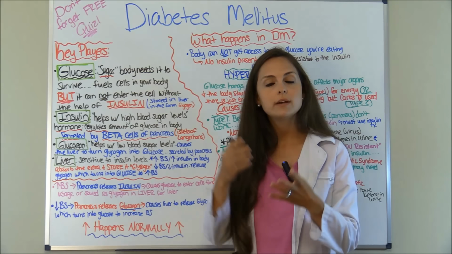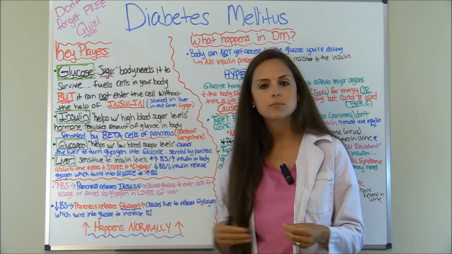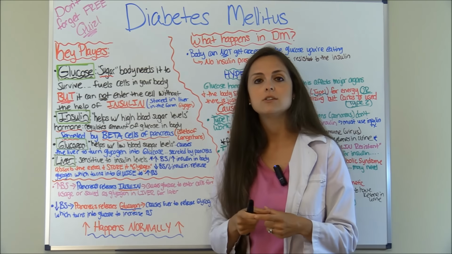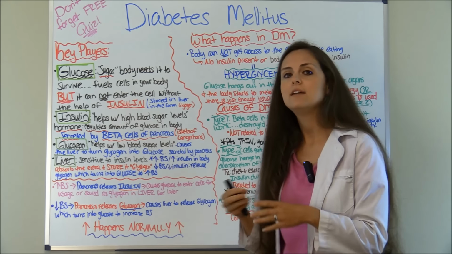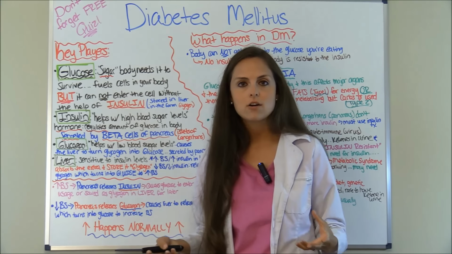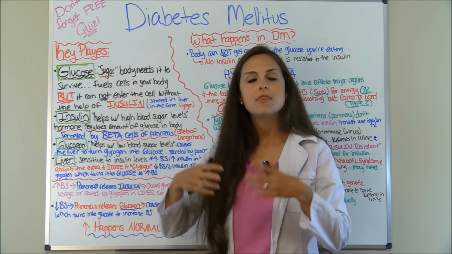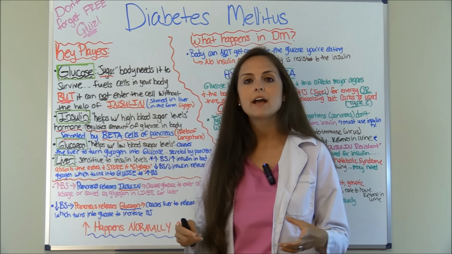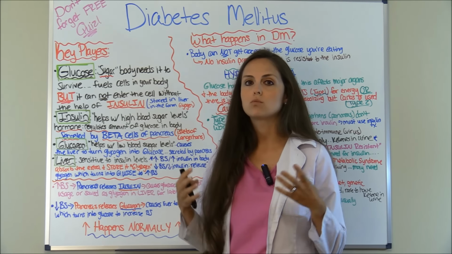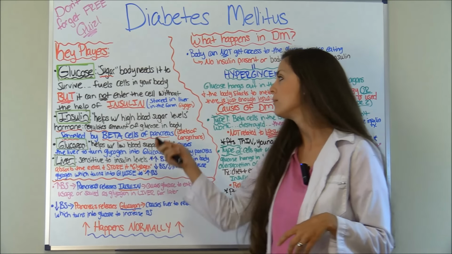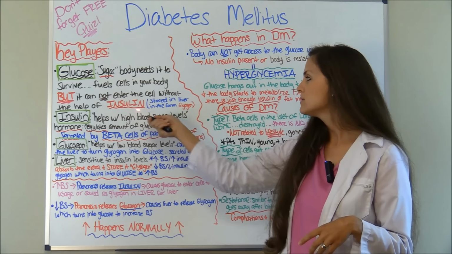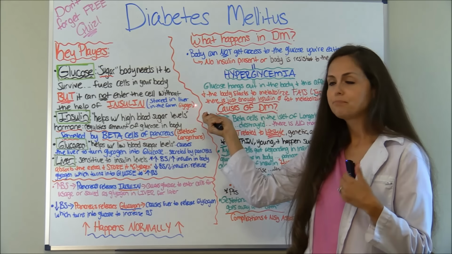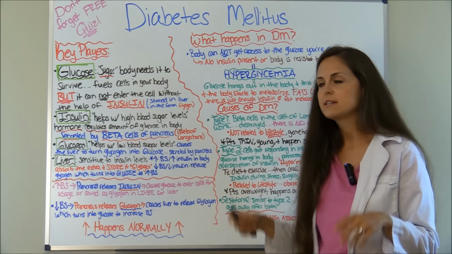You eat all this sugar, it enters your bloodstream, but for your cell to use it, it has to have the help of insulin. And if you don't have any insulin at all, then you're not going to have the ability to use the glucose. And the glucose is just going to hang out in your bloodstream and cause high blood sugars, which wreaks havoc on the body. Now, glucose is mainly stored in the liver in the form of glycogen, which we'll go over in depth here in a second.